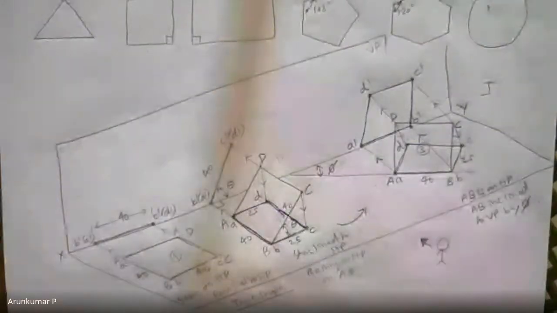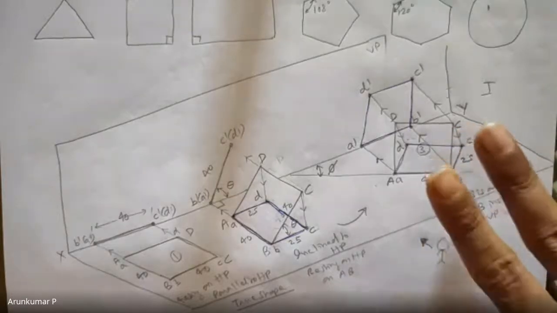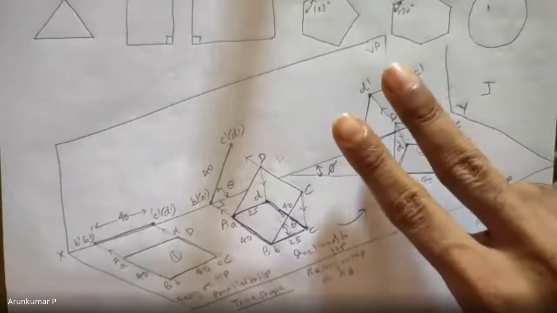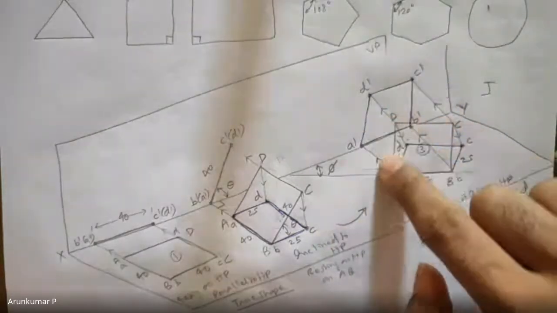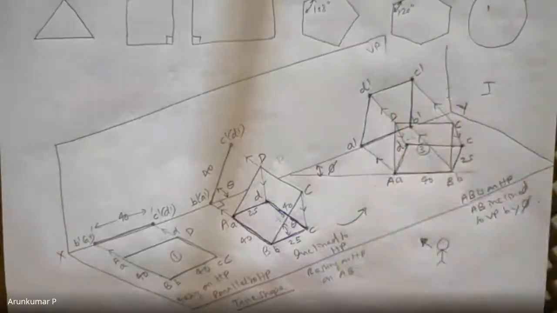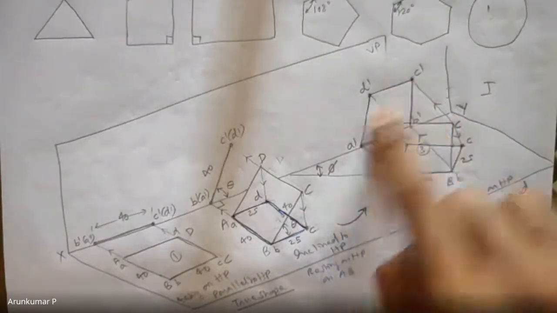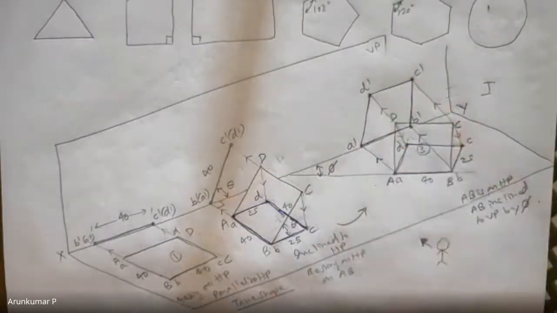Simply because if you observe in the front view, none of these 4 edges, AB, BC, CD, or DA, are parallel to VP. You tell me any one of these edges which are parallel to VP. Is any of these edges parallel to VP?